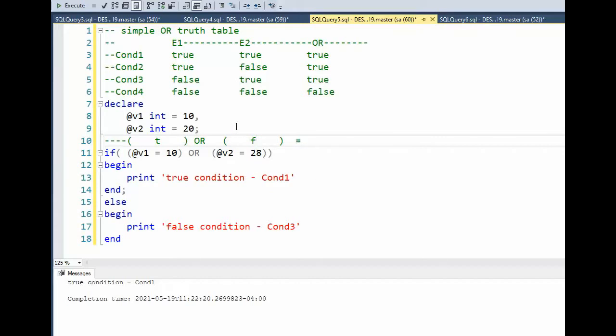Well, here is the real trick with the or statement. Notice every time this is true, at least one of these is true. Or in the first case, both of them were true. But at least one of them. So I can come over here and say, or V2 equals 20.